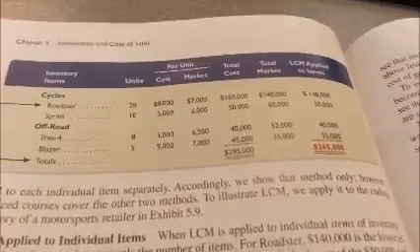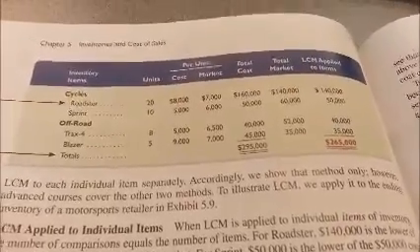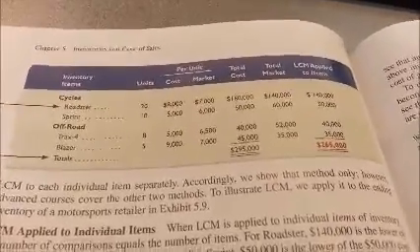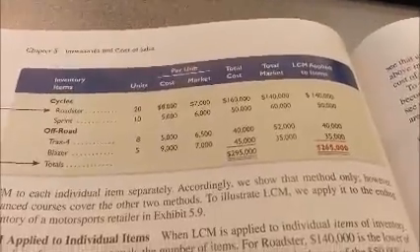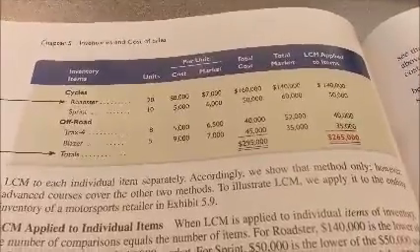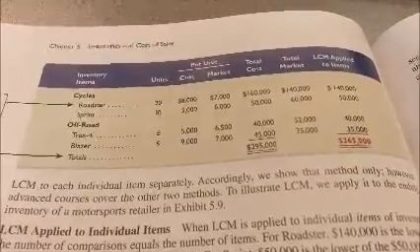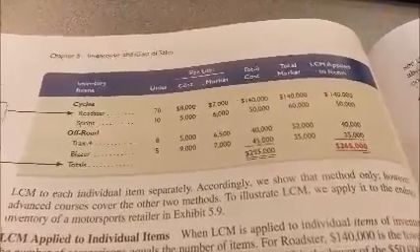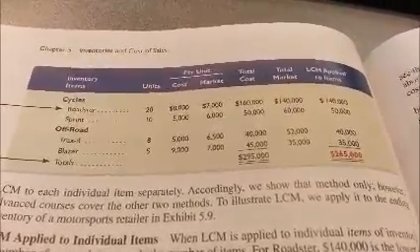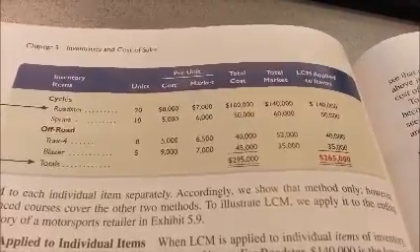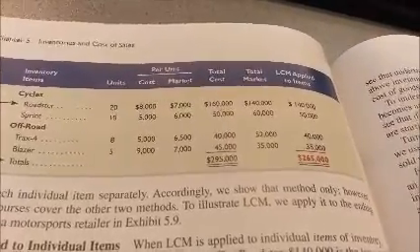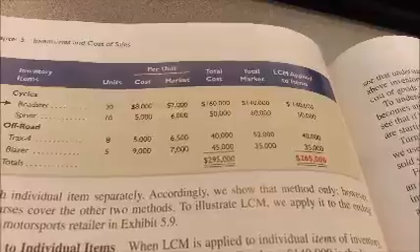Basically racing cycles and off-road cycles. When we're looking at the lower of cost or market, we can look at making the adjustment individually, which is per item. So in other words, we look at the Roadster. The cost of the Roadster to us was $8,000. Market price for each Roadster is $7,000.